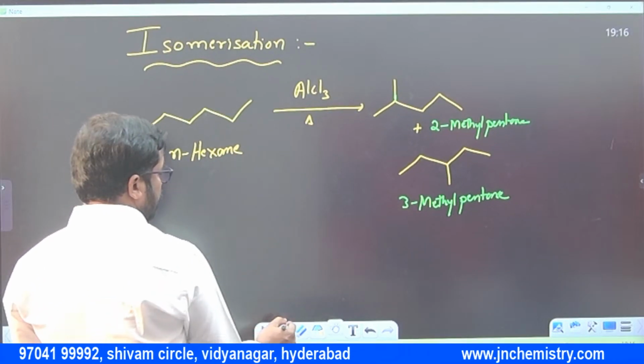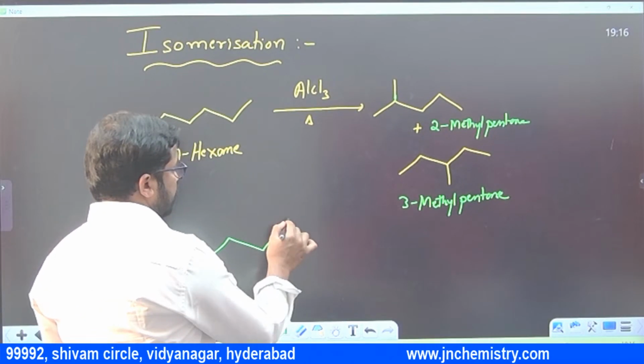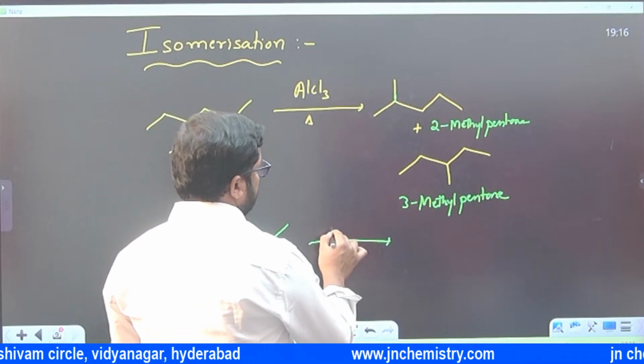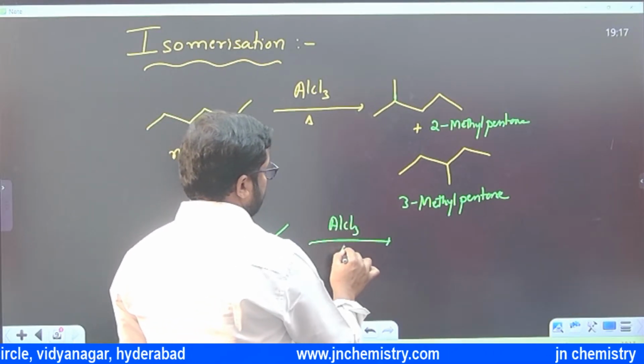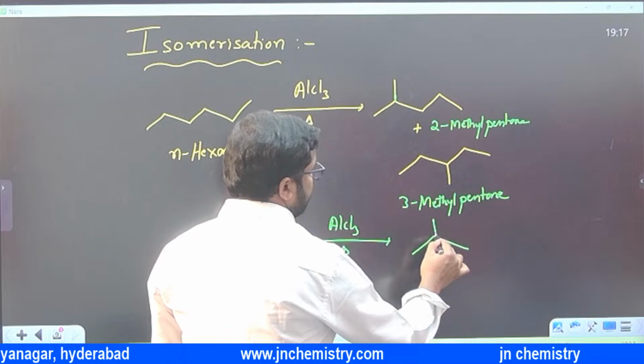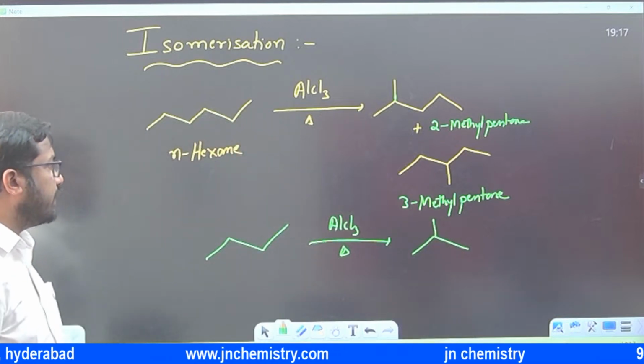If you take, for example, AlCl3, so like this we can get isobutane from n-butane, isobutane.